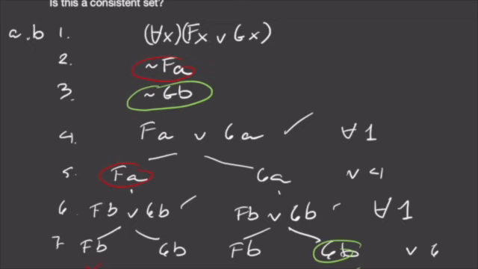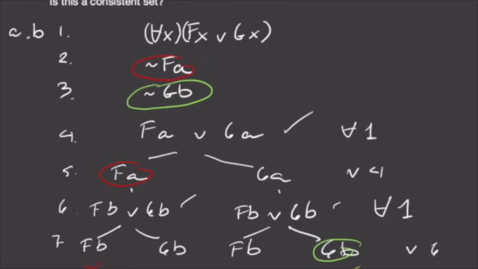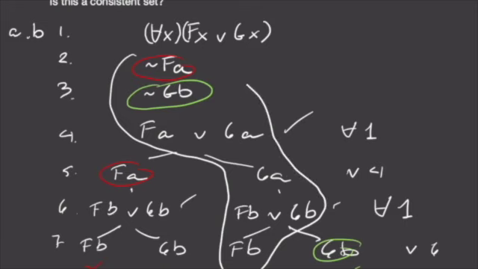And so this would contain a domain with the names A and B. And then what are the truth values? Well, we have FA, GA, and we have FB and GB. Okay? And we're going to read the truth values off this open path or branch. Right? So we have not FA, not GB, GA, and FB.